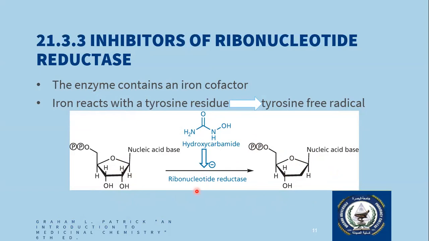The iron cofactor will react with a tyrosine residue in the enzyme, which will lead to the formation of a tyrosine free radical. The job of iron is not only the formation of the tyrosine free radical, but also the stabilization of that free radical.